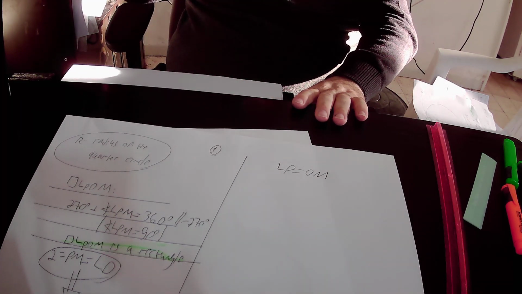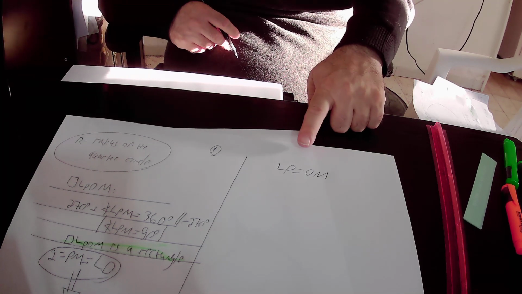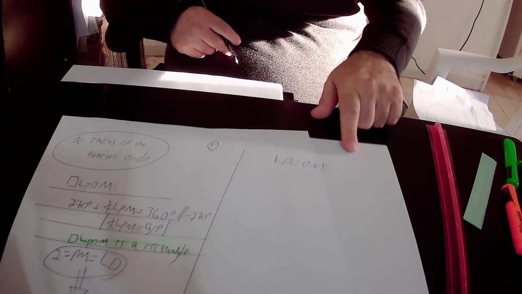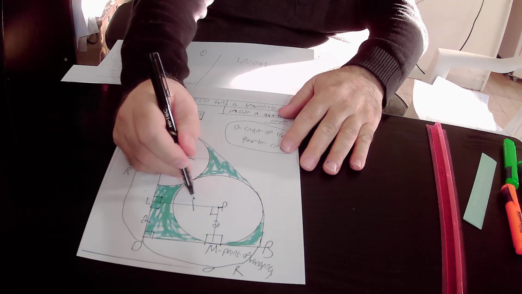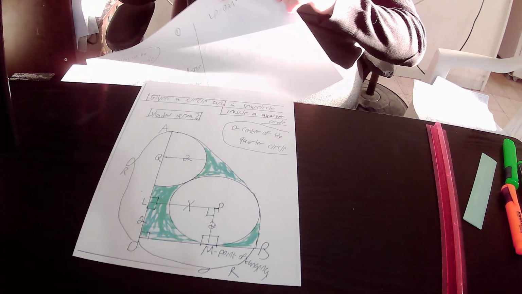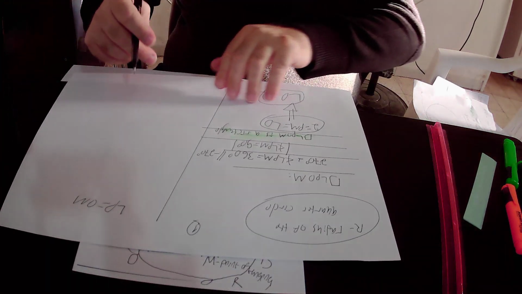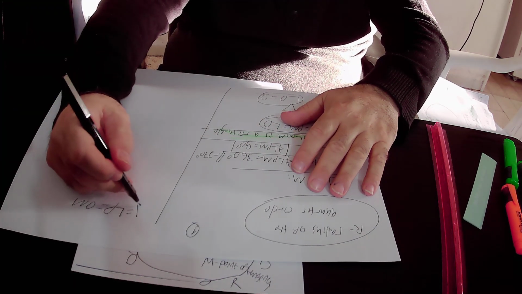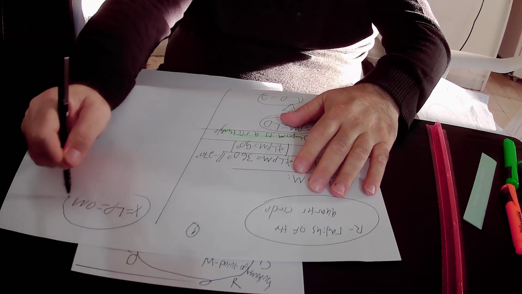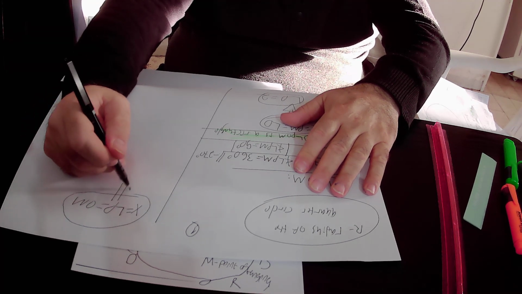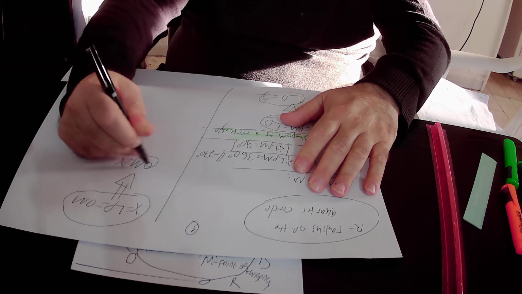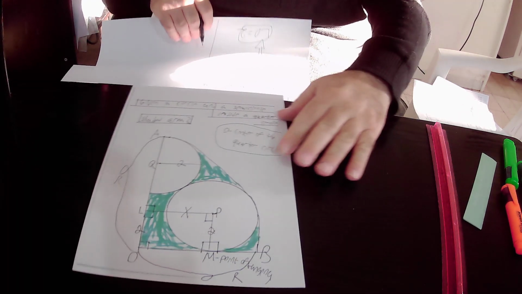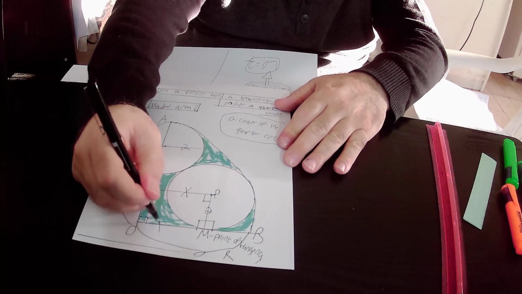So if we define side LP as X, then from this equation X equals LP equals OM, we derive that side OM is also equal to X. Side OM equals X.